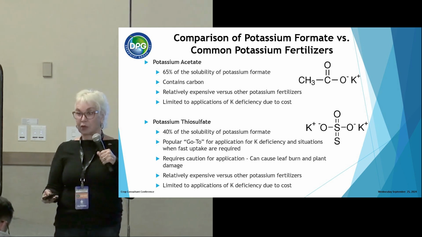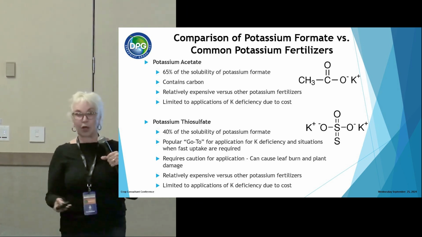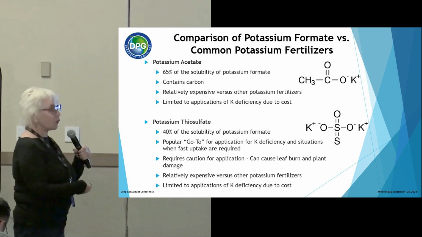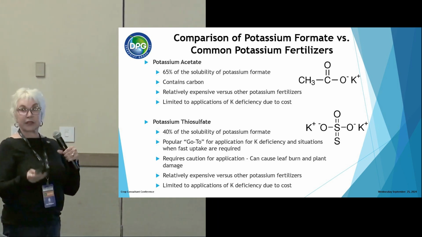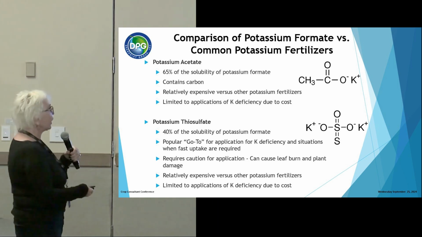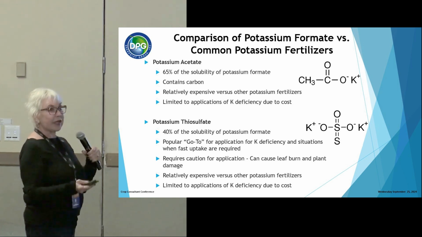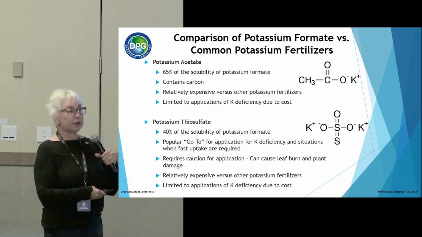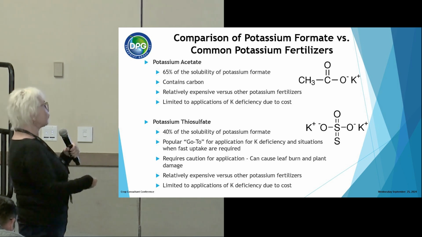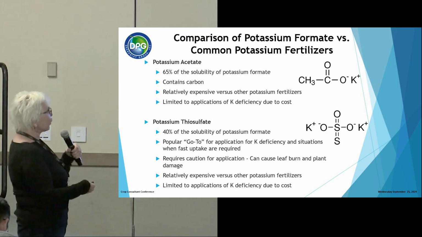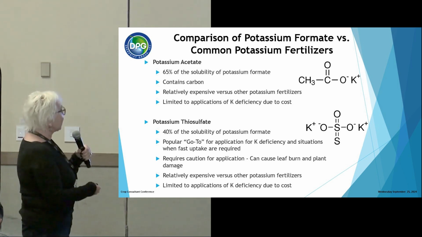And that is, of course, good, right? Because it adds more carbon to the soil. But also, because now we have a little bigger anion here, it decreases the solubility of this whole molecule and hence could impact how available the potassium is. So it's 65%, if we go back to the chart, of the solubility of potassium formate.